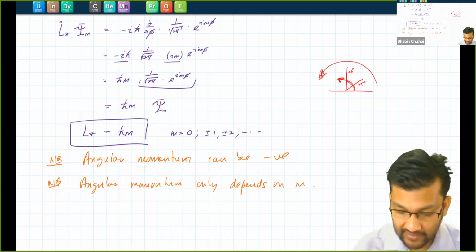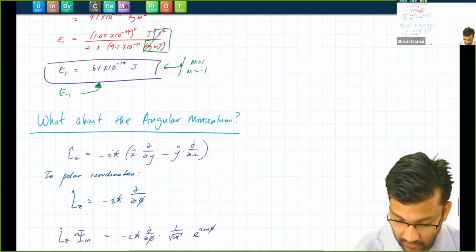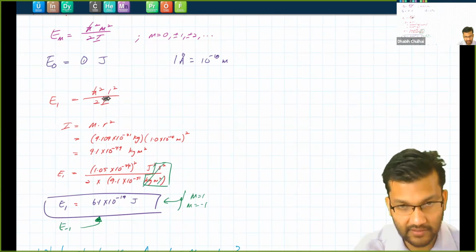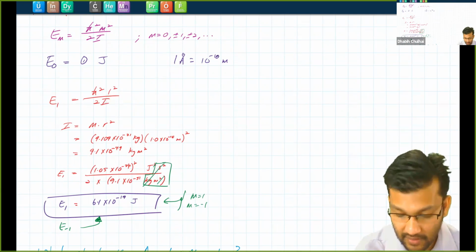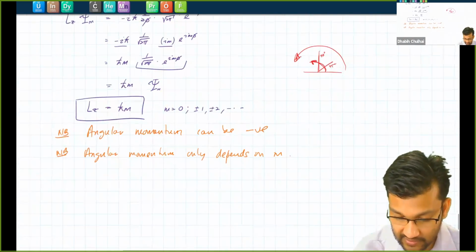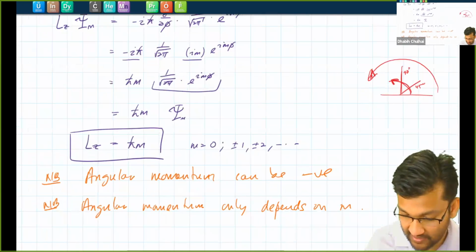The energy had the little I in there, up here, which involves the mass and the radius and all of that. But the angular momentum doesn't care what the mass is, doesn't care what the radius is. It just depends on the quantum number m.